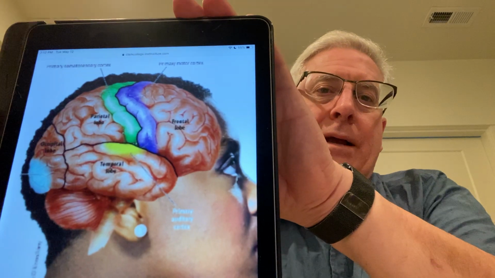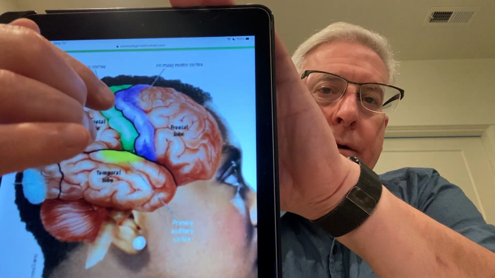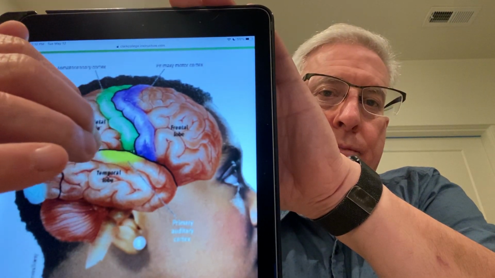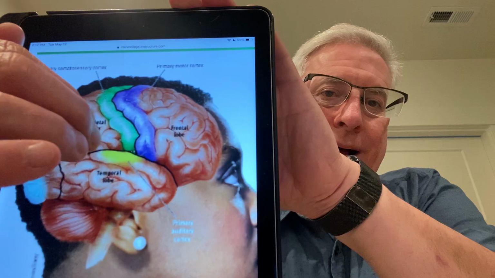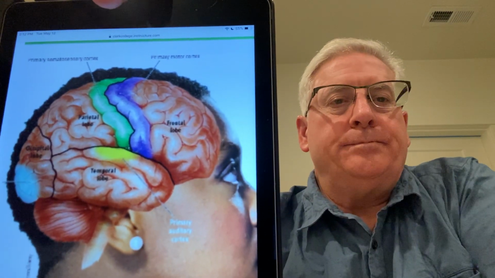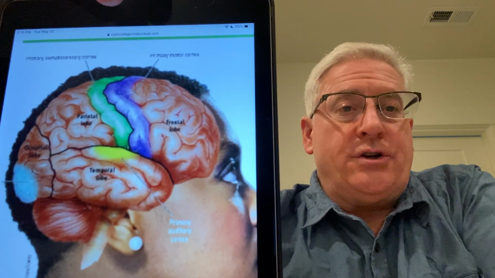Now, as we go back a little further, you see this green strip right here. This green strip, and then the processing portion of the brain behind it, is called the parietal lobe. The parietal lobe is all about sensation.